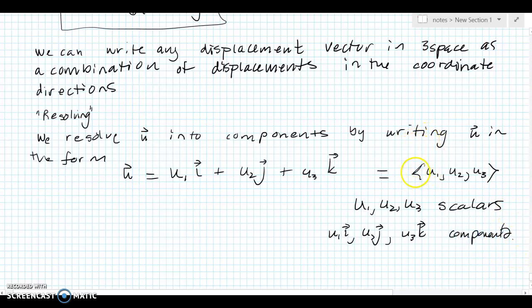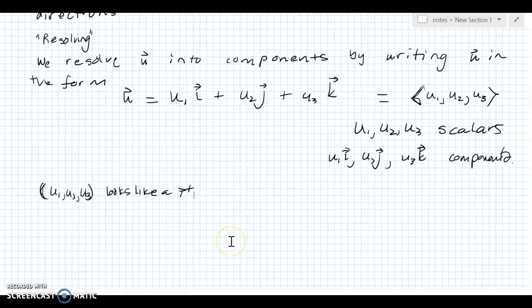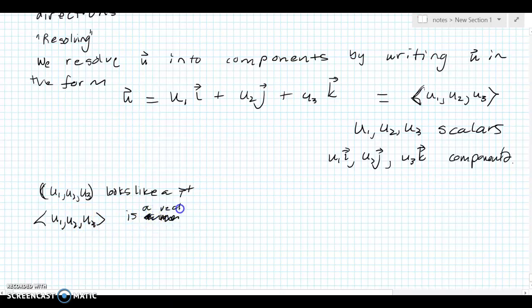So again, we use these special brackets because if you use u1, u2, u3 with rounded brackets, that looks like a point. These triangle brackets mean a vector. So be careful how you label these because you have to be kind of clear.